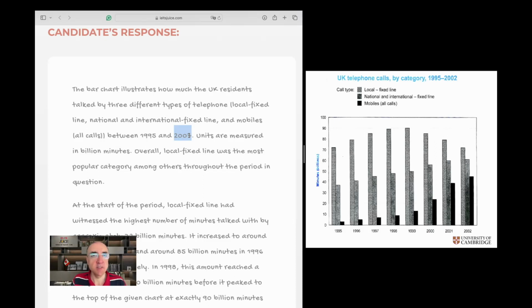I cannot call it a typo or a slip. It's just very bad. This is bad. Yeah, this report has already lost three points in task achievement. Another thing, I understand that we are reporting the call types here exactly like the way they are.